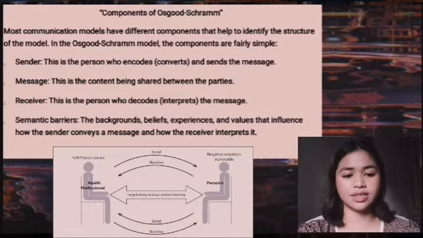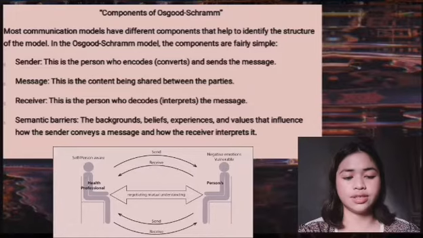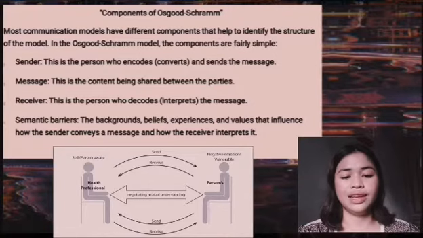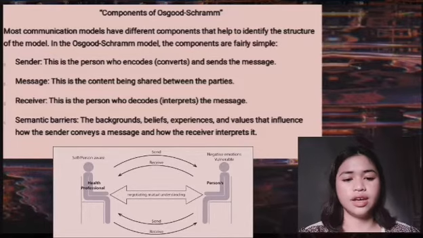Second is message. This is the content being shared between the parties. Third is receiver. This is the person who decodes the message. Fourth is the semantic barriers. The backgrounds, beliefs, experiences, and values that influence how the sender conveys a message and how the receiver interprets it.